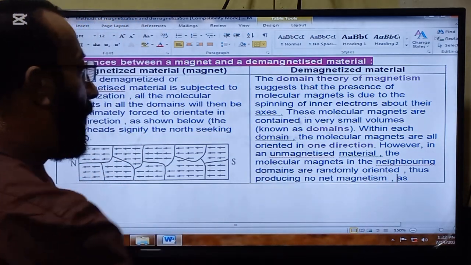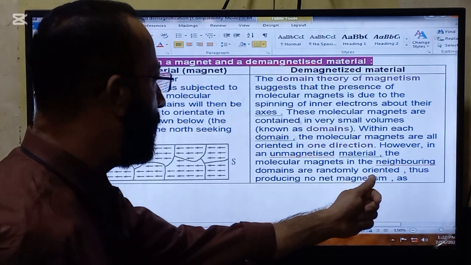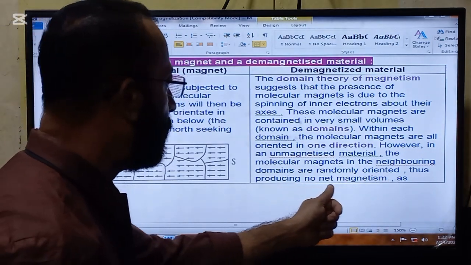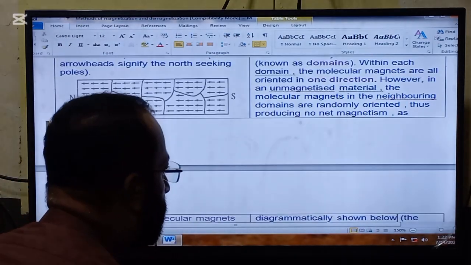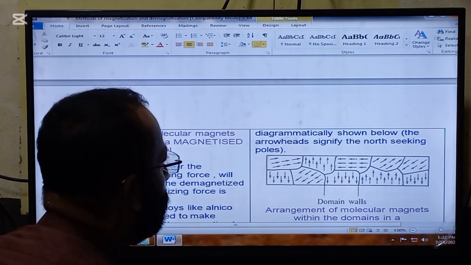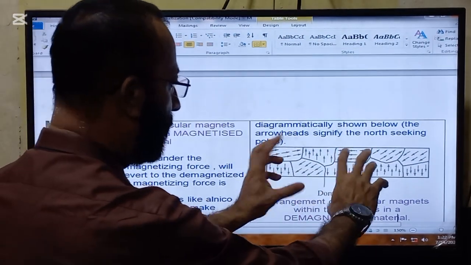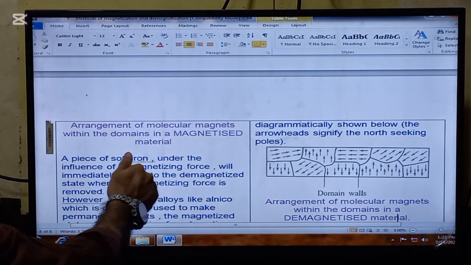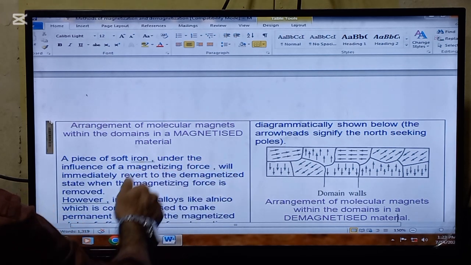However, in an unmagnetized material, the molecular magnets in neighboring domains are randomly oriented, thus producing no net magnetism, and the alignment gets disturbed. As the diagram shown below, the arrowheads signify the north-seeking poles, so the alignment gets disturbed. This is the arrangement of the molecular magnets within the domains in a demagnetized material.